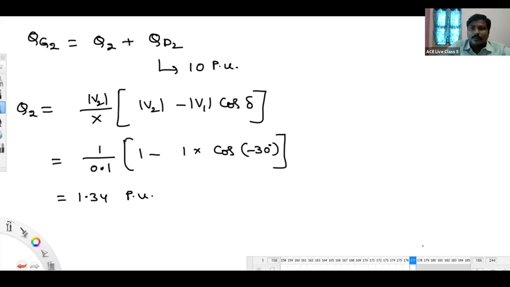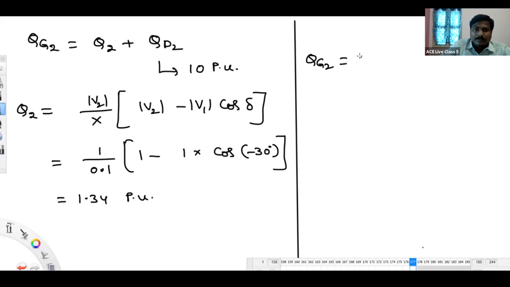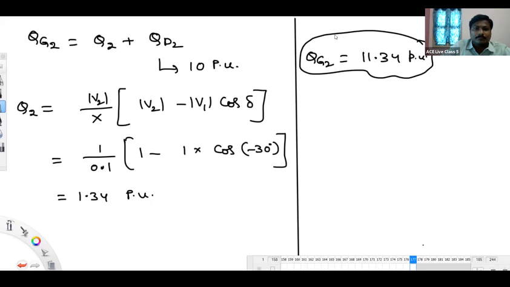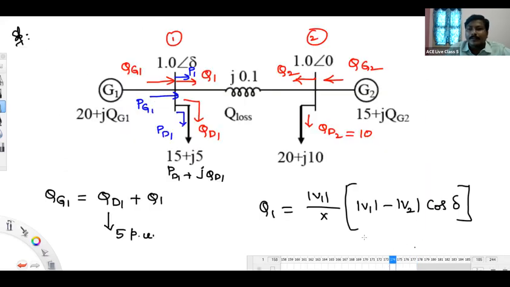Okay. Therefore, this QG2 value, 10 plus 1.34, means it is 11.34 per unit. QG2 value will come to be 11.34 per unit. So I think all of you are getting this?